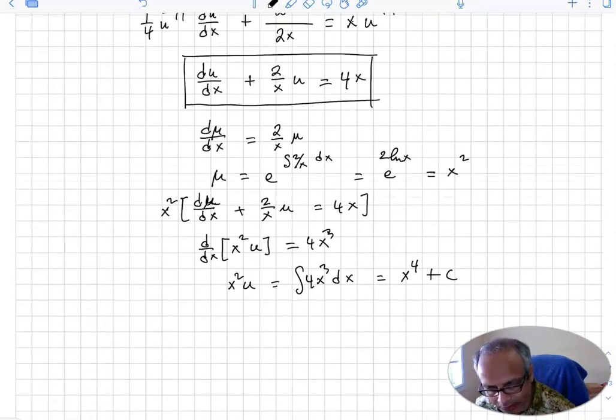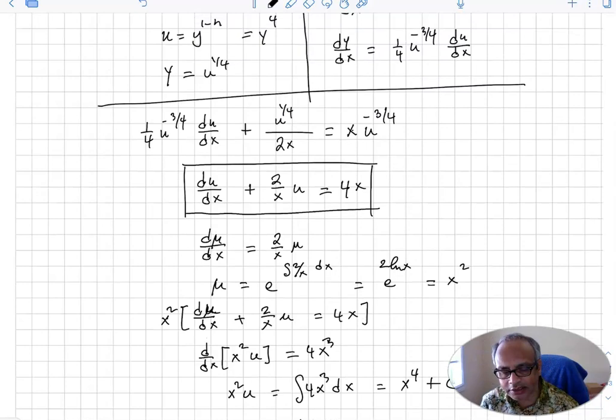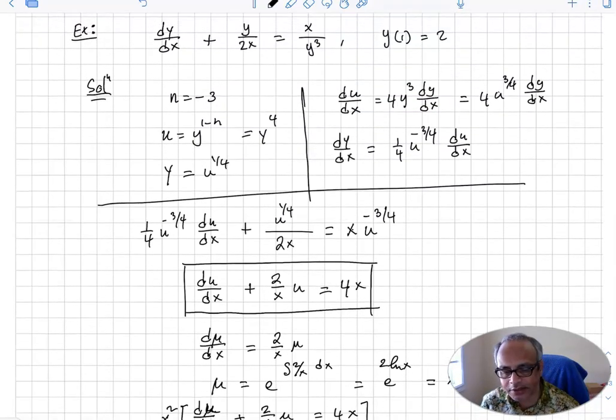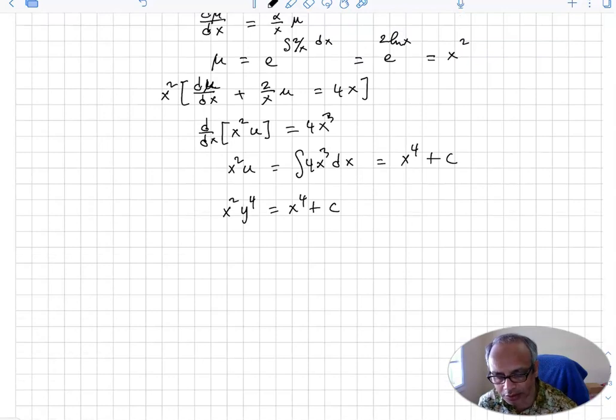So replace u with your change of variable, which is y to the 4, so x squared y to the 4 equals x to the 4 plus c. So at this time you are perhaps in a situation to find the constant of integration by looking at y(1) equals 2, which is a condition. So x equals 1, 1 squared times 2 to the power 4 equals 1 to the power 4 plus c.